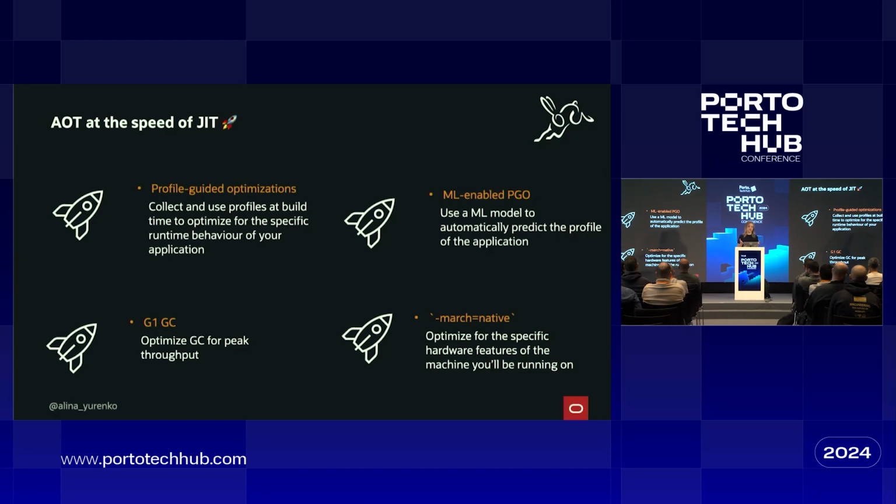So if you cannot do it, or maybe you don't care about performance that much, the next best thing we can do if you don't give us any profiles is, you would think that it sounds like a good task for ML to predict the profiles of your application, and indeed it is. Native image contains a tiny little ML model that, if you don't give us any profiles, will look at your application and try to predict which parts of your application will be hot and invest compilation efforts there.